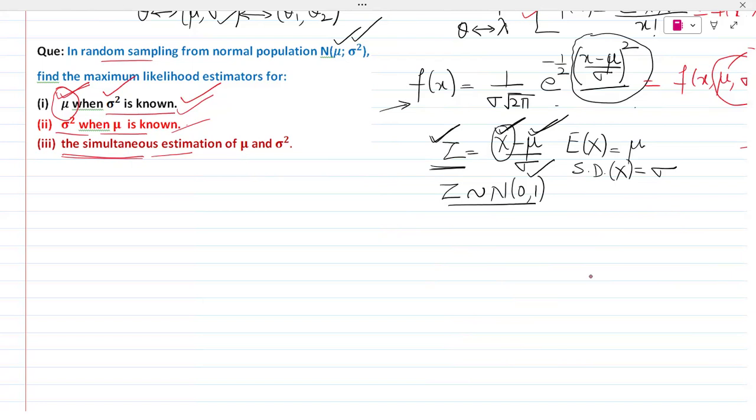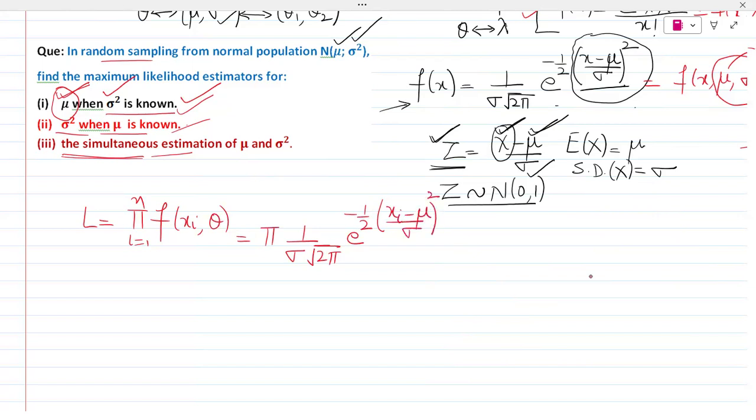Now, first thing, L: what is that? It is the product of f(xi, theta), i from 1 to n. So what is this now? It is the product of 1 by sigma root 2 pi e to the power minus half of (xi minus mu) divided by sigma, whole square.